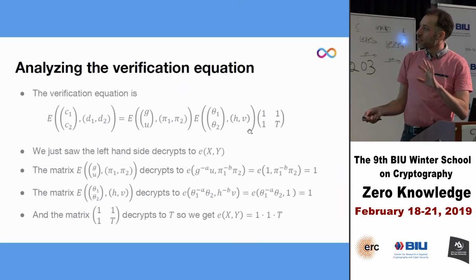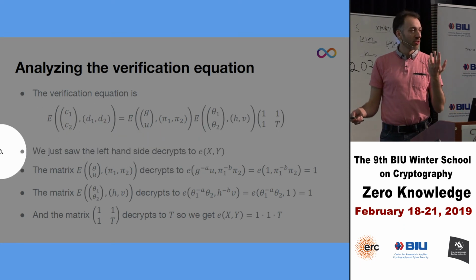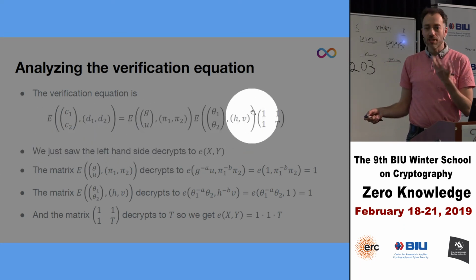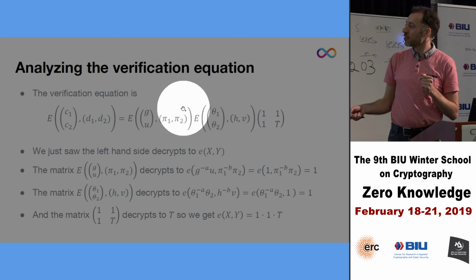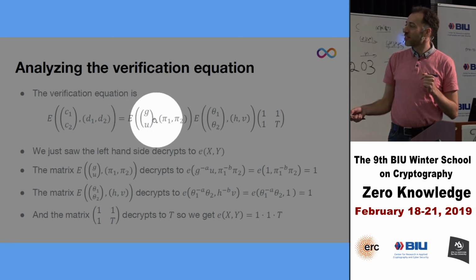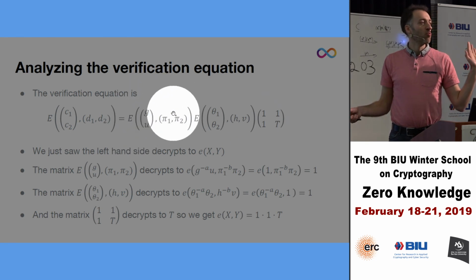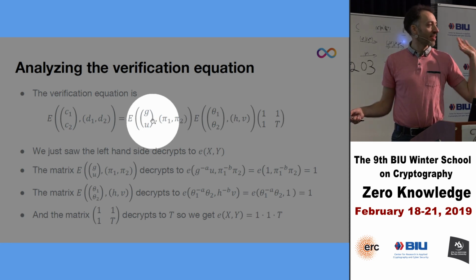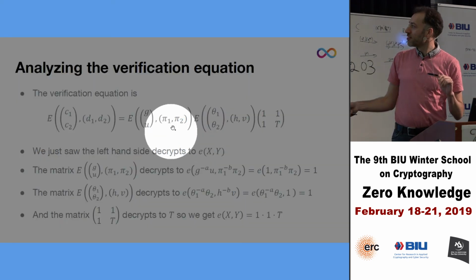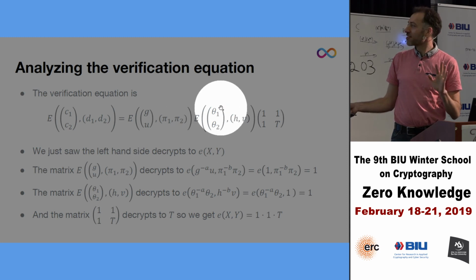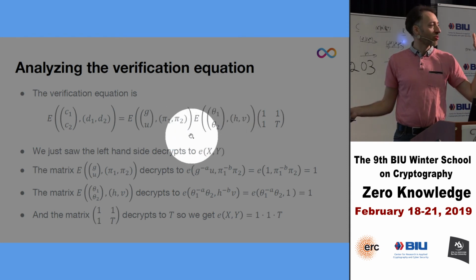So really the way you should read this verification equation is as a way to set up a system such that the proof elements get paired with something that's 1, that cancels out. And the other proof elements are paired with something that's also 1, that just cancels out.